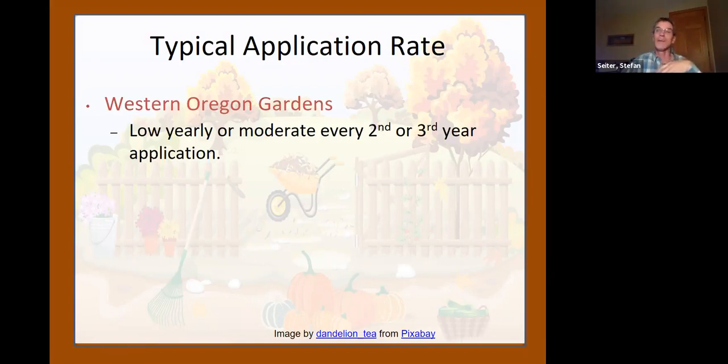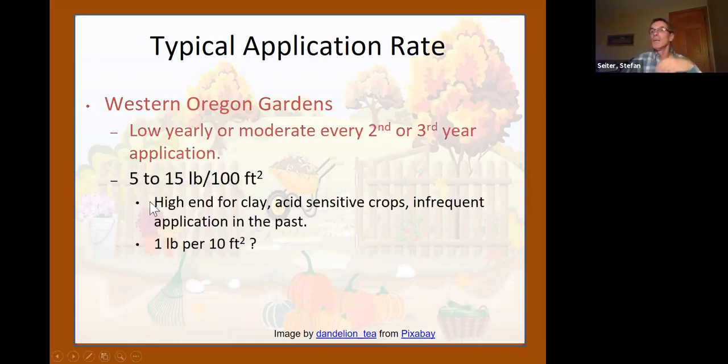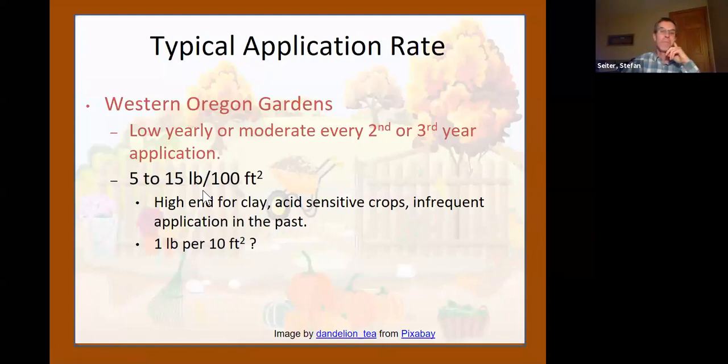That application should be somewhere in the 5 to 15 pounds per 100 square feet, which is roughly how much commercial growers would apply with their 1,500 to 6,000 pounds per acre. On the high end, when you have a clay soil, when you have an acid sensitive soil, and if there have not been a lot of applications in the past.